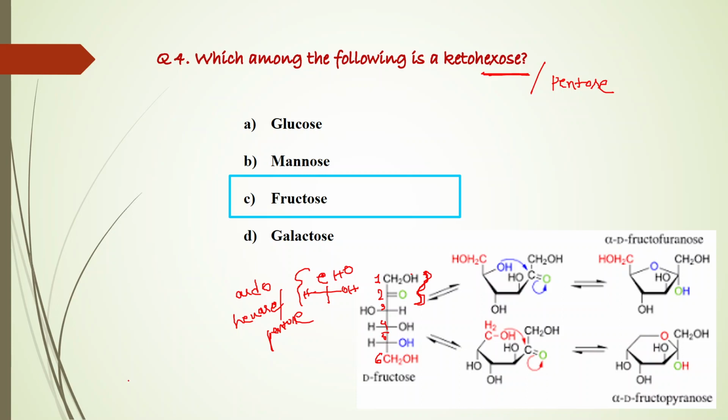In case of D-fructose, how the cyclization occurs is shown here: either this 5-OH group can attack and lead to the formation of this fructofuranose, or this 6th position OH group can attack here and form this D-fructopyranose. Either of these two can form.